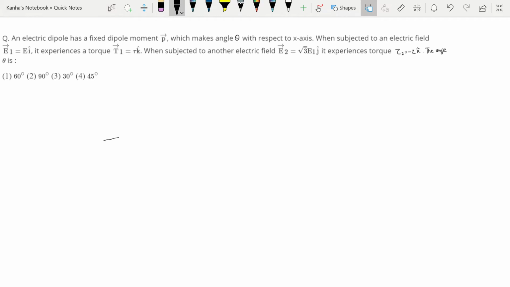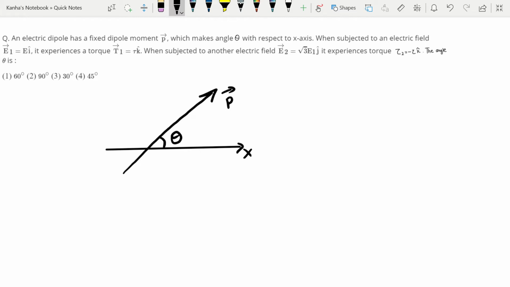So I'll just make the diagram for this, which is quite trivial. This is your x-axis, and this is nothing but your dipole moment and this is your angle theta.